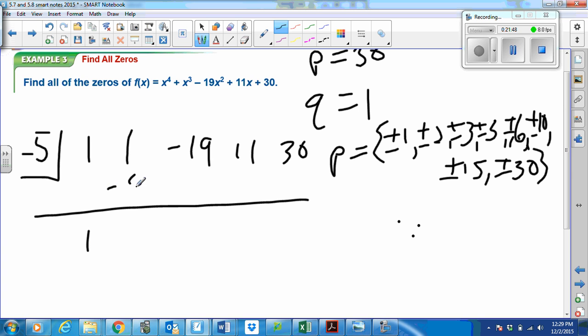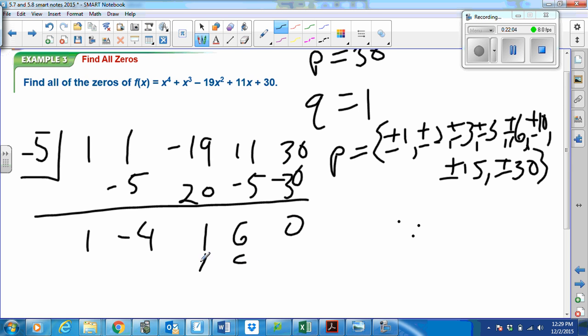So 1, negative 5, negative 4, 20, 1, negative 5, 6, negative 30, 0. So what this tells me is this is our constant, this is our linear, this is our quadratic, that's our cubic.